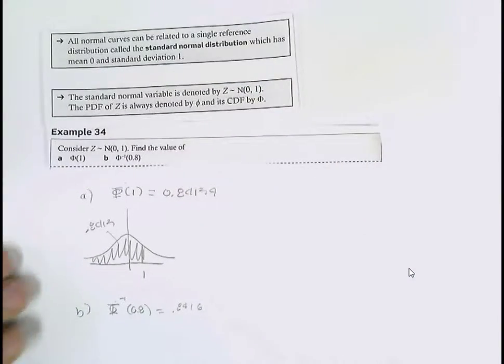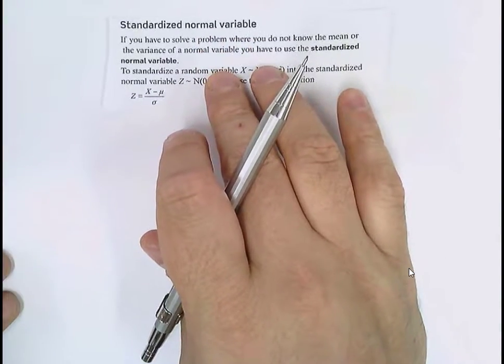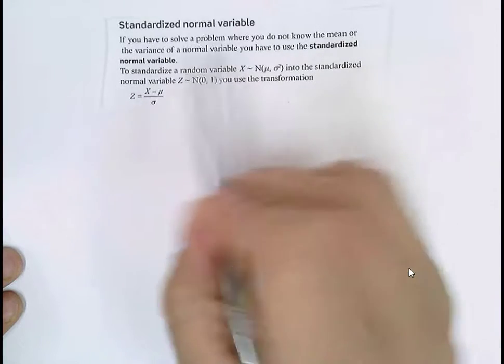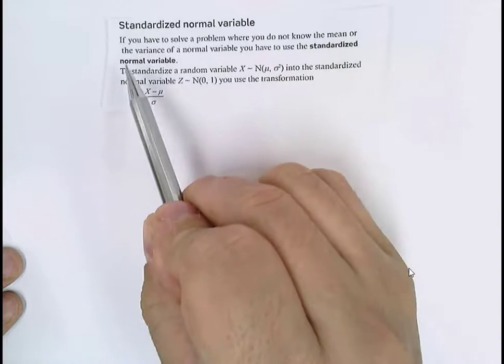The next concept I'm going to talk about should relate back to what we were talking about. We saw that if you solve a problem where you do not know the mean or variance of a normal variable, you have to use the standard normal variable.